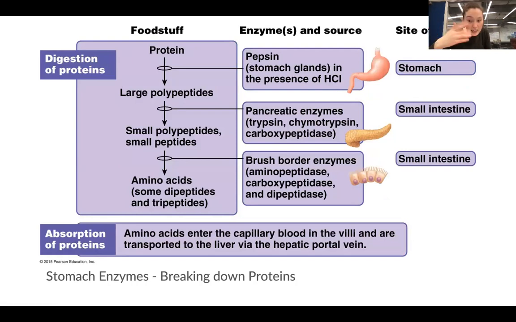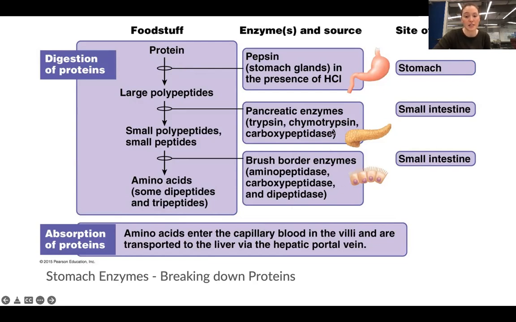And it is no longer functional once it goes into the small intestine, where it becomes more of a neutral to basic pH. So those enzymes break down large proteins into more like polypeptides, and then there's other enzymes, but you need to know pepsin, okay? And it happens in the stomach.